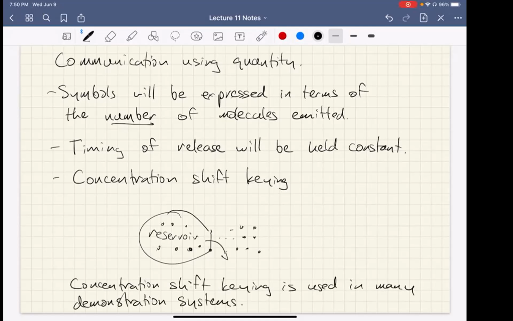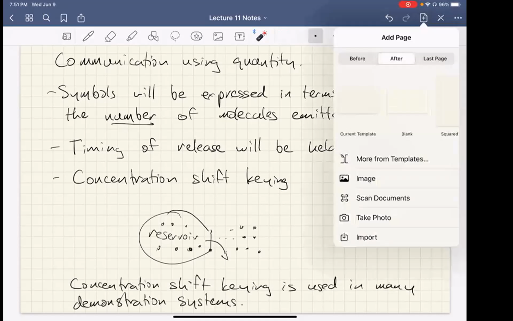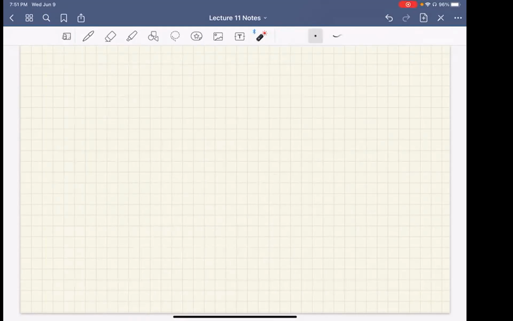We'll talk a little bit about those demonstration systems at the end of the course, but this is basically because it's difficult to control exactly the number of molecules being released, but it's relatively easy to open a door or activate a spray that releases a random number of molecules and changes the concentration. So the techniques we're talking about are related to that, even if they're a little more refined than perhaps some of those methods.